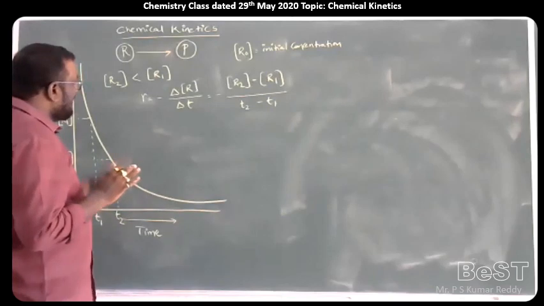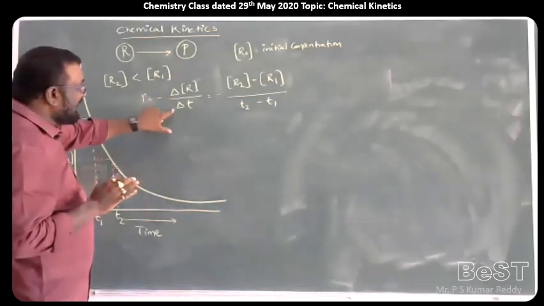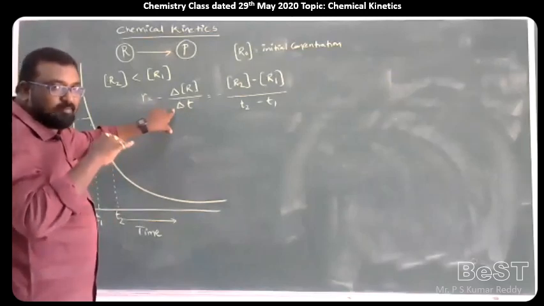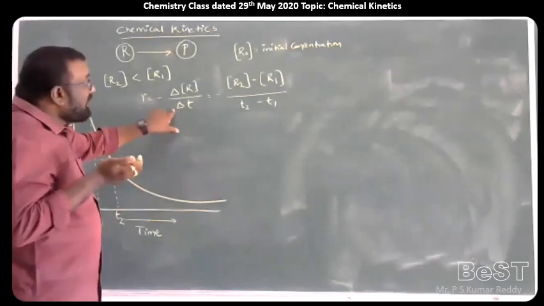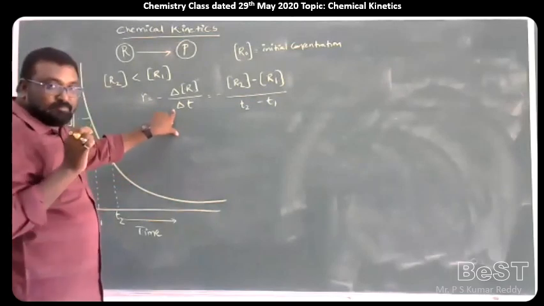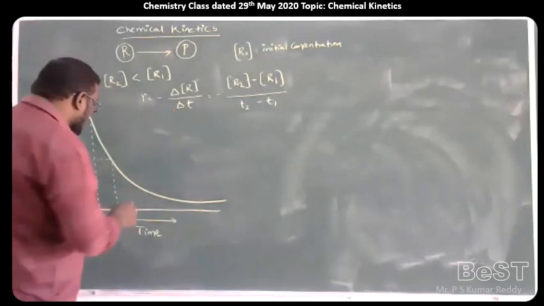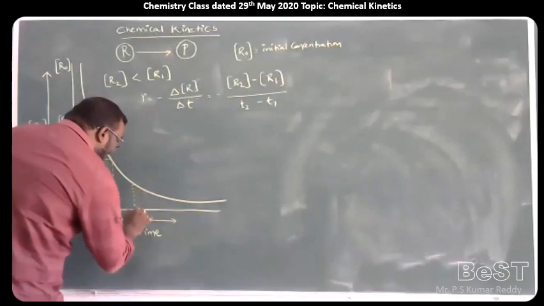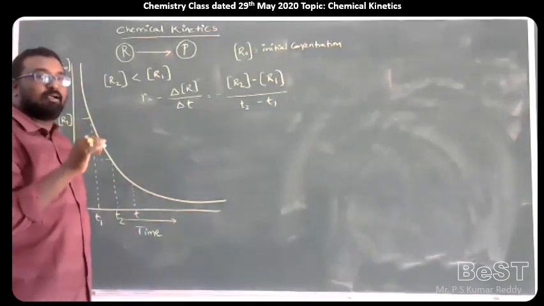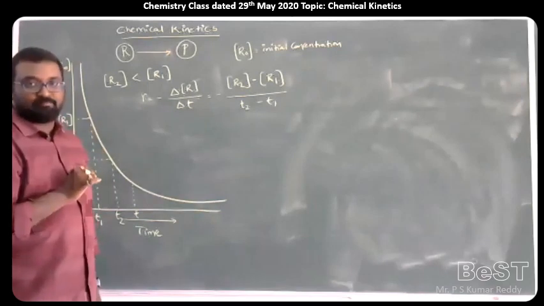Now, here we are taking the delta value, that is, a change in concentration by time taken. Now, when we want to go for a particular time, for example, a particular time I am taking as t, at this particular time I want to know the rate of reaction.